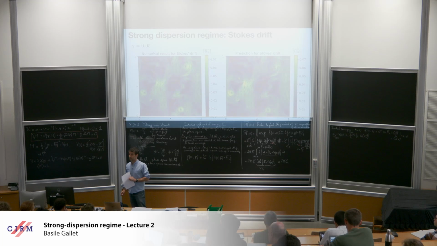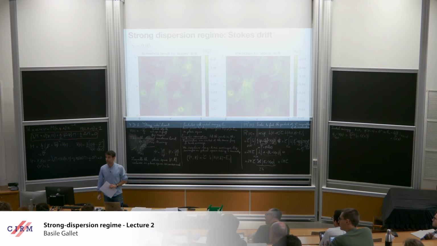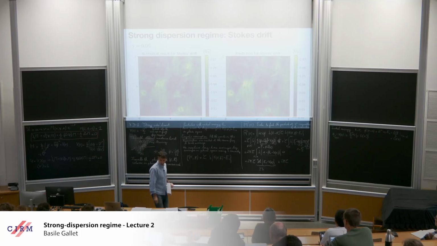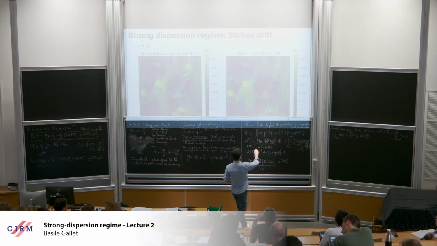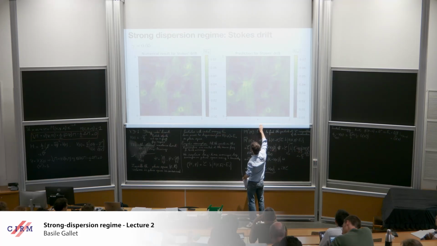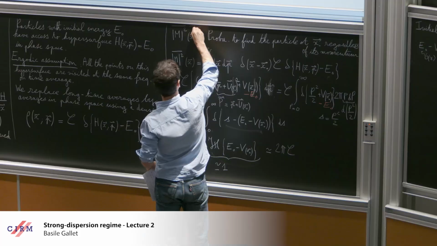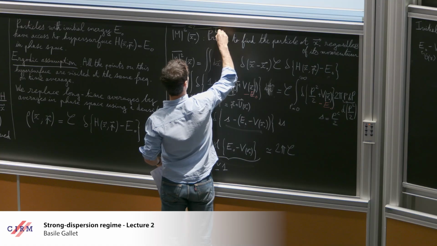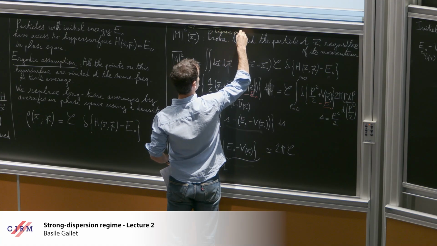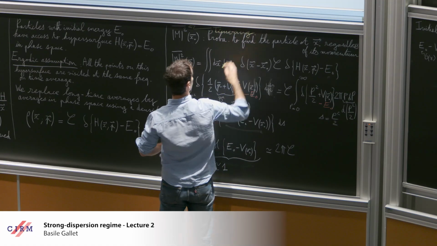A very silly question, maybe, because I didn't understand what you are trying to compute. So this bar is for the time averaging. Oh, this bar is a time average, I'm sorry. Can you explain why you try to compute this time average? Because the original problem was a dynamical problem, right?